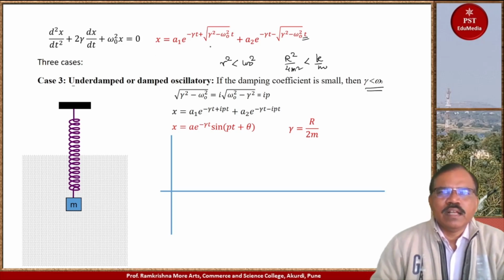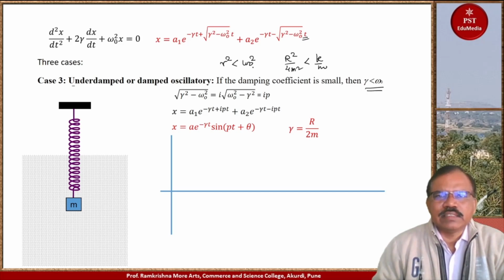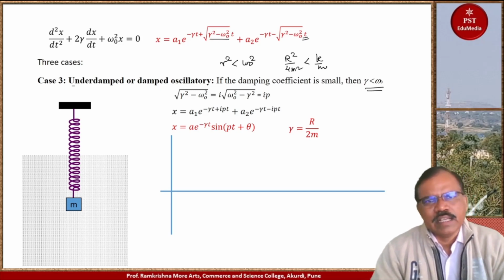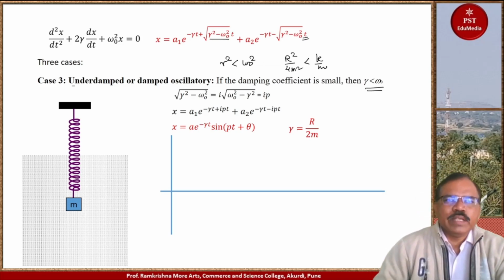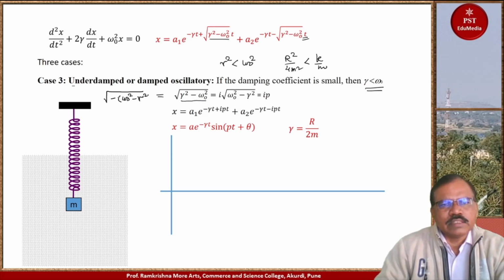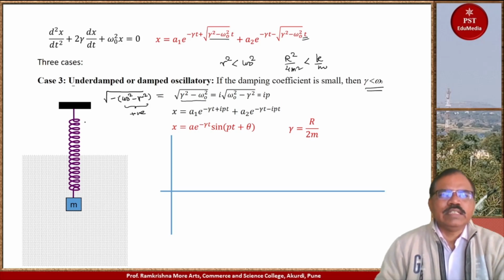So what happens here? Since gamma square is less than omega 0 square, gamma square minus omega 0 square is negative. So we can write the square root of gamma square minus omega 0 square as the square root of minus, omega 0 square minus gamma square. Now this one is positive.